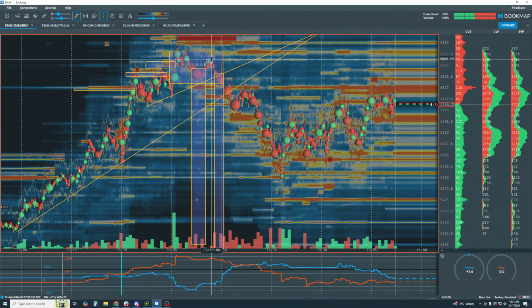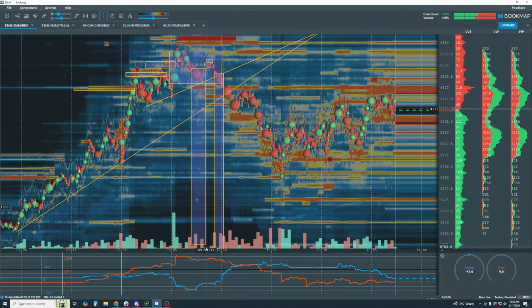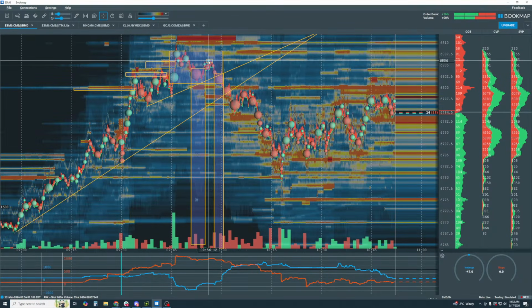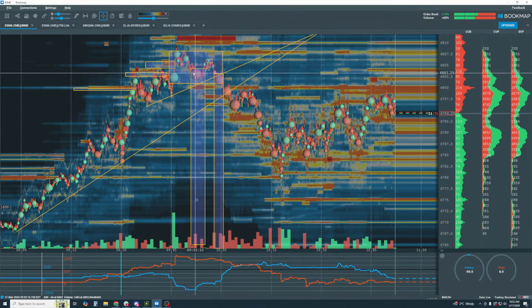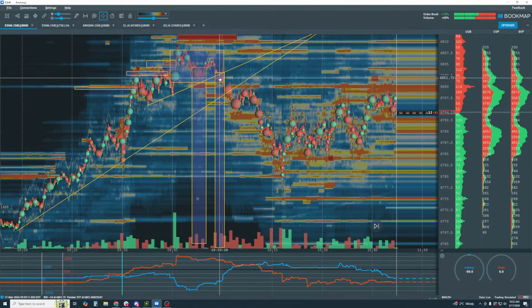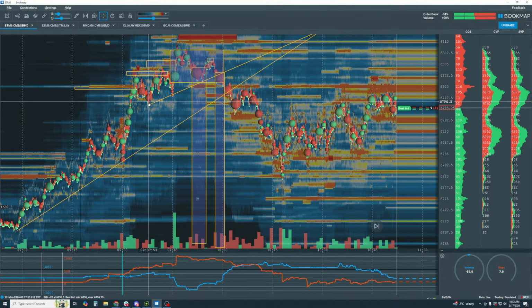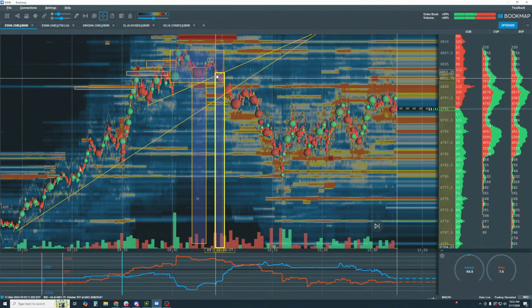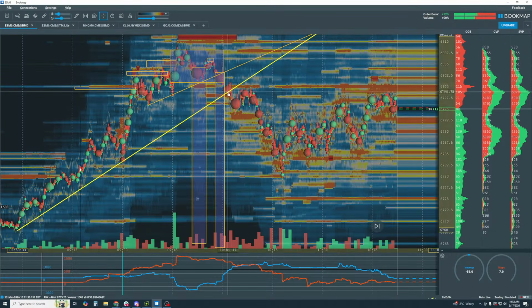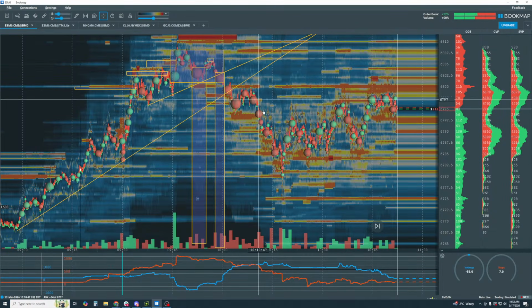Now, it's not a true low volume pullback, but it's just on lower volume and it's a lower high here. That's all I want to mention. But we have a cluster here and we have a cluster here. And then this is looking like we should get a retest back down to this structure. Okay, and then it breaks your bigger structure and you get a beautiful reaction out of that.